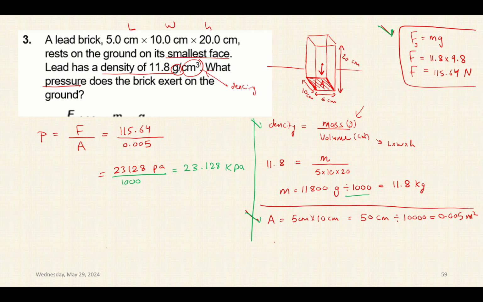And then you need to find the area of the smallest face by multiplying length times width, dividing over 10,000 to turn it from centimeters squared to meters squared, and then after that using the pressure equation to find the pressure. So you can see that this is quite a question with a lot of steps.